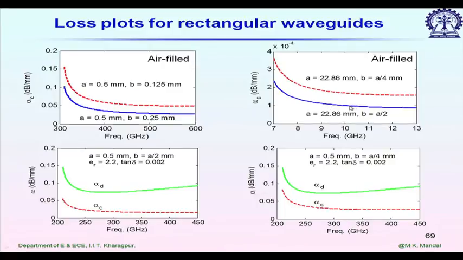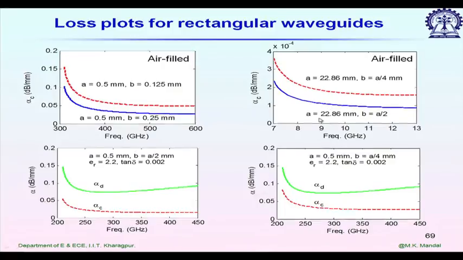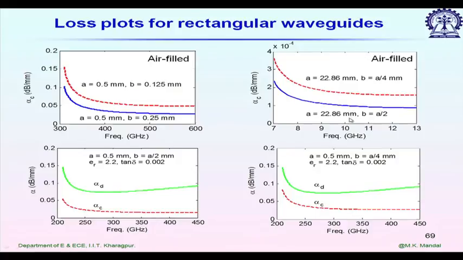On the right side is the X band, the standard WR90, where A is 22.86 millimeter and B is equal to half of this. We have cutoff frequency at approximately 6.35 gigahertz, and the blue line corresponds to the alpha c variation of WR90.